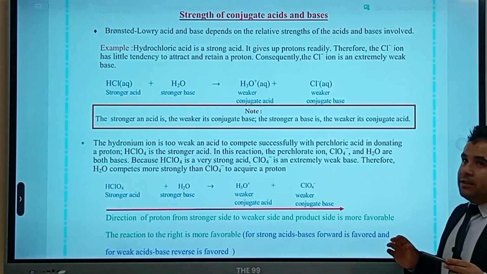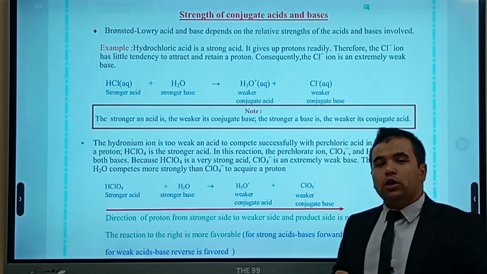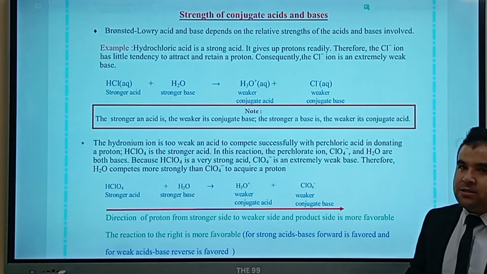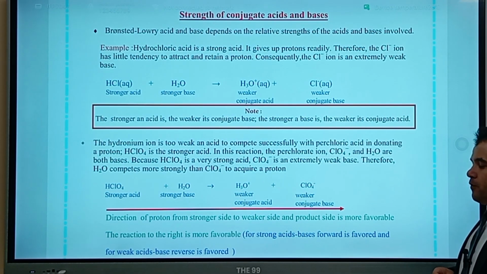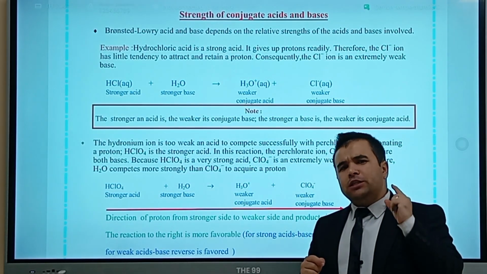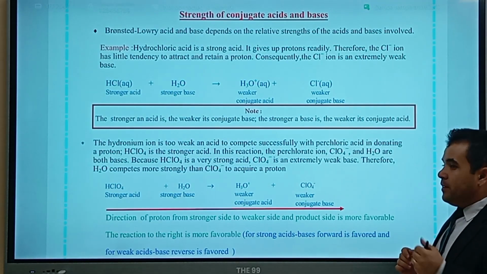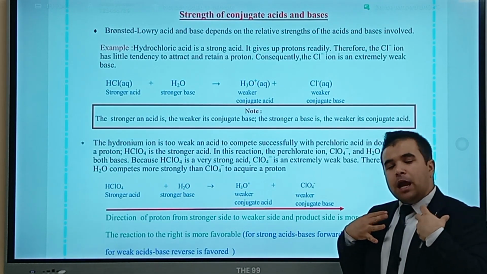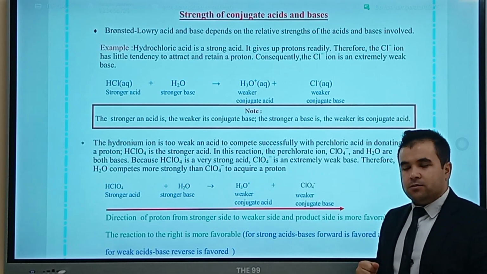Strength of conjugate acids and bases. We talked about the strength of acids and bases in the previous sessions. Let us talk about the strength of the conjugates. Guys, there is a tip to determine the strength of the conjugates. We take their strength from the acids and bases.